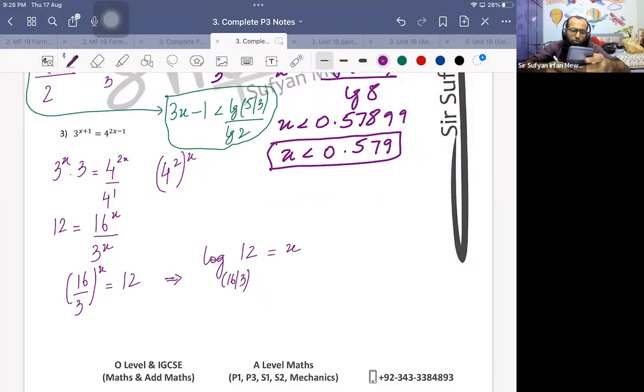Log of 12 with the base of 16 divided by 3, x is going to be 1.4844, and this is rounded off to 1.48. This is going to be your final answer.